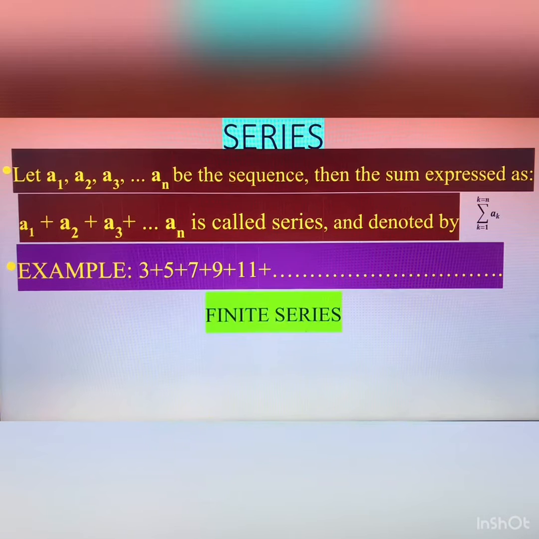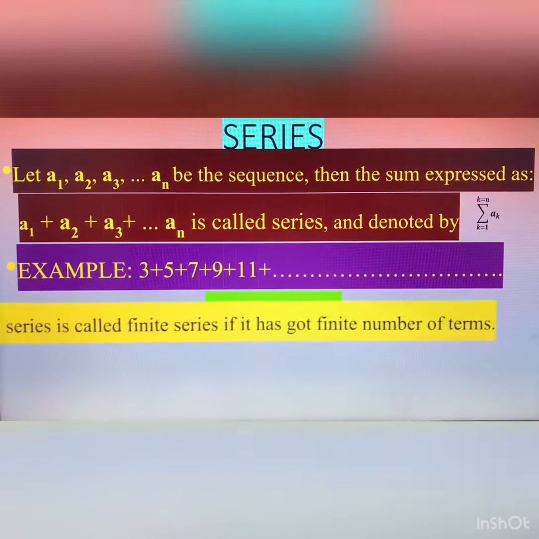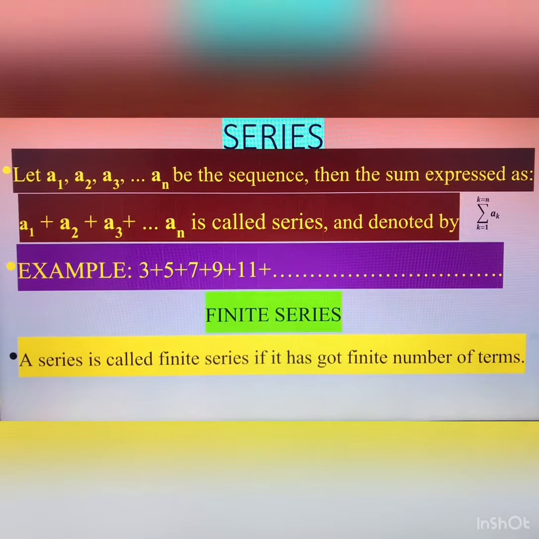After that, finite series. What do you mean by the finite series? A series is called a finite series if it has a finite number of terms. Means if a series has a fixed number of terms, then that type of series is known as a finite series.